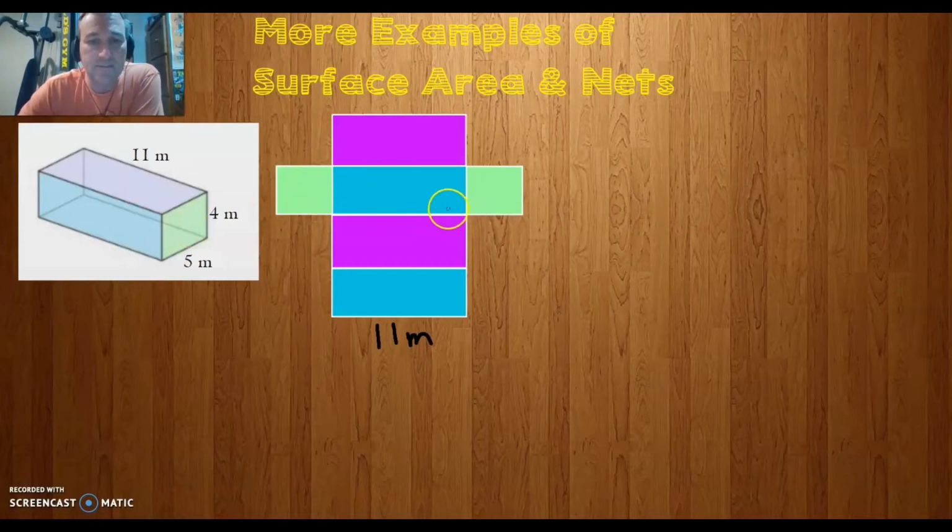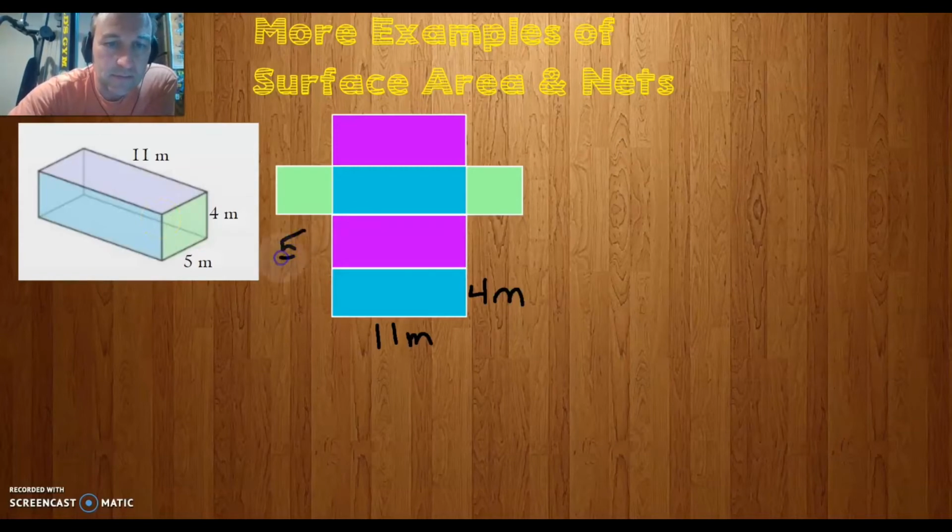So it's 11, and the blue ends have a 4 meter width right here. So we'll go 4 meters there, 4 meters there. And then the purple, they're 11 by 5s. So that 5 matches this 5 right here, so we'll put that right over here. 5 meters.